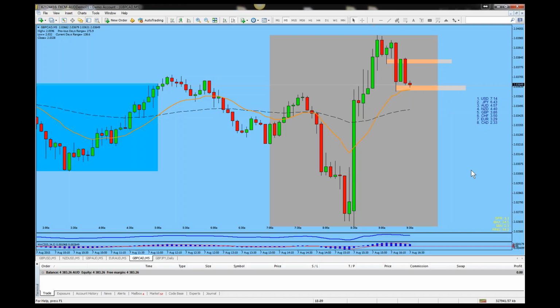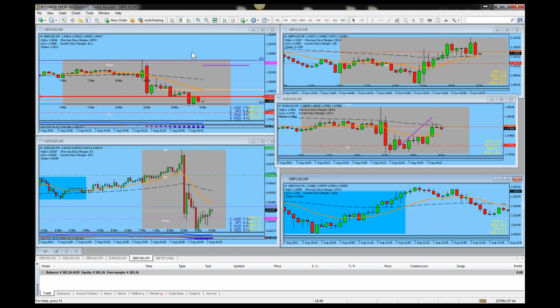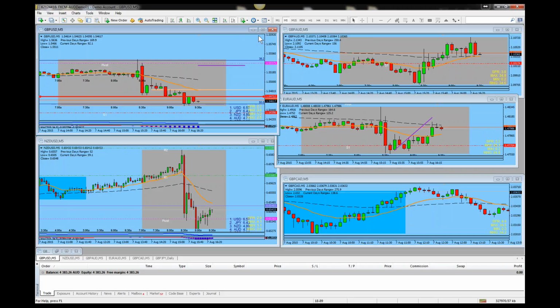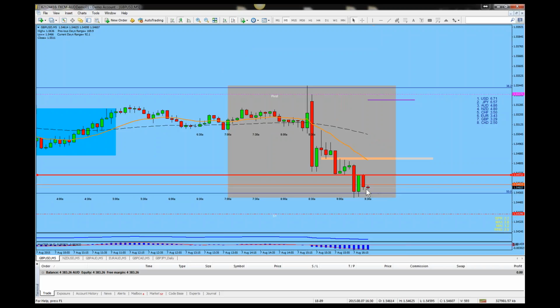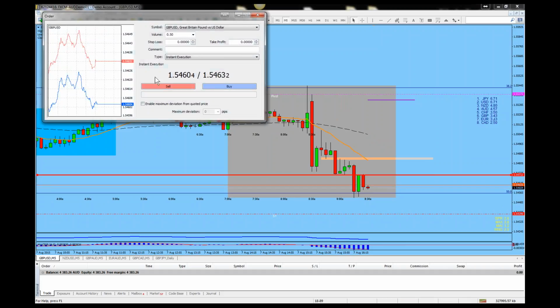So thinking ahead of the trade. And I don't see anything else. That would be a decent 18-89 short right there.